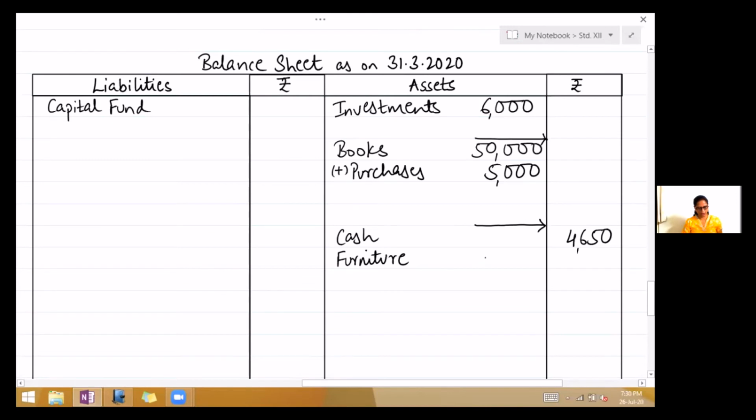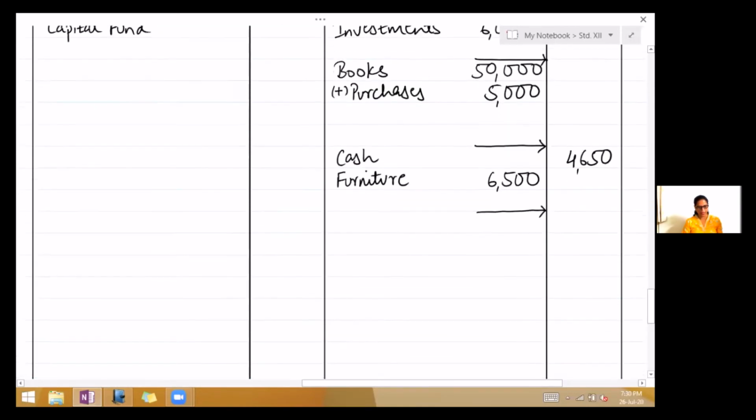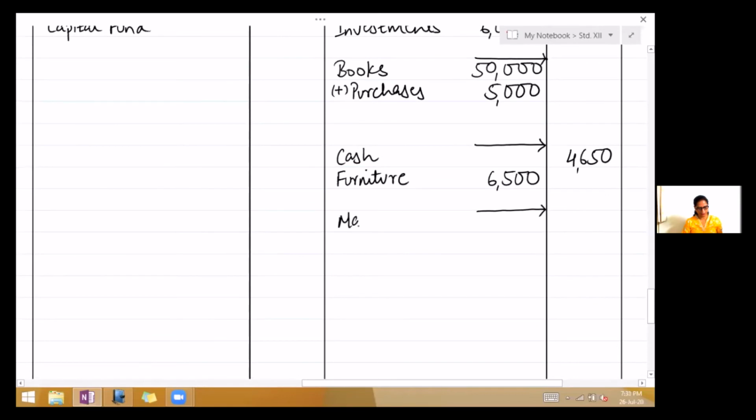So in the inner column, 6,500. Leave a line for adjustment. And machinery. In the outer column, 30,000. So we have recorded the opening assets.